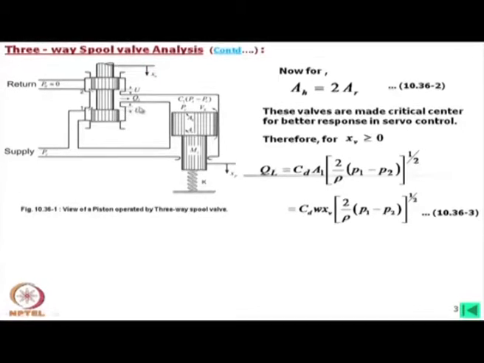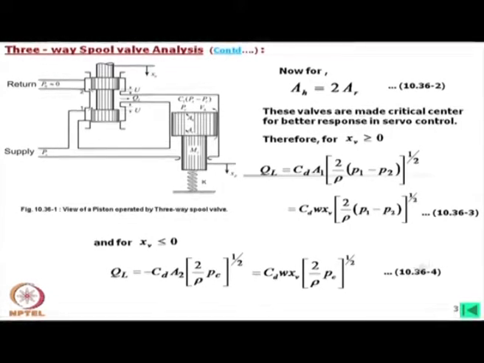If this is with rectangular holes, say 4, 5, 6 holes over the periphery, and that are usually equispaced, in that case also we can use this formula, where W is the width of each hole through the sleeve times the number of such holes. Anyway, this into the stroke length will give the total area open there, that is the orifice area, and so this is the equation we can write for the load flow.